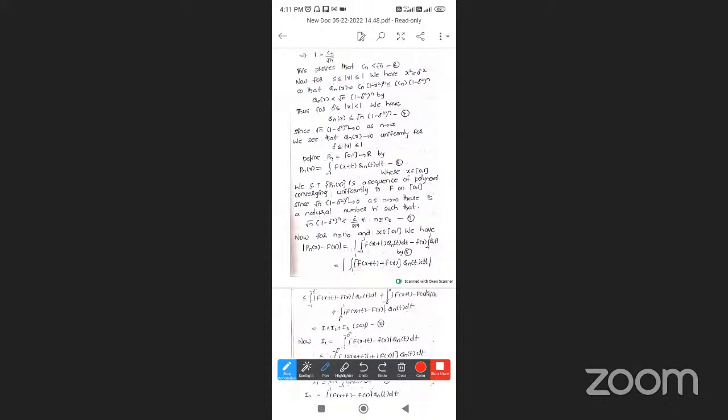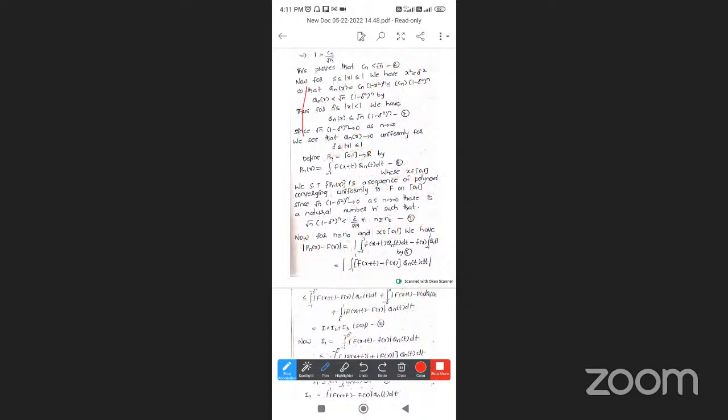In the seventh equation, root n (1 minus delta square) whole power of n tends to 0 as n tends to infinity. So Qn of x tends to 0 uniformly for delta less than or equal to mod x less than or equal to 1.